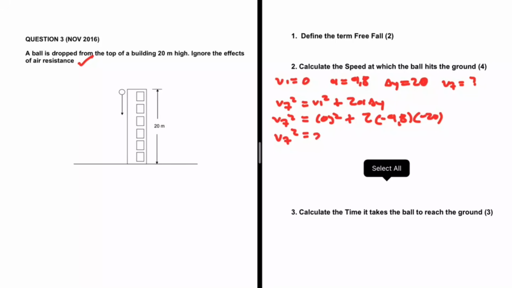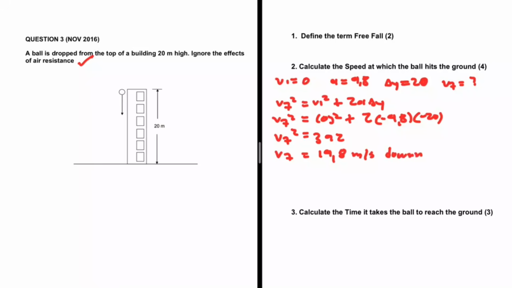I'm getting 392. So what we need to do at this point is to take square roots on both sides. So Vf is equal to 19.7989. If we round that off to 2 decimal places, we're going to have 19.8 meters per second downwards.